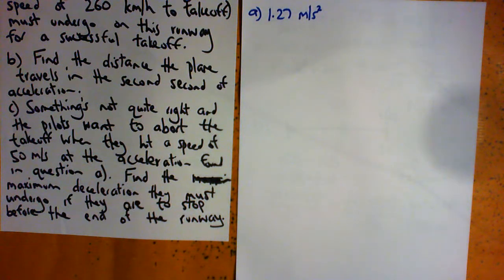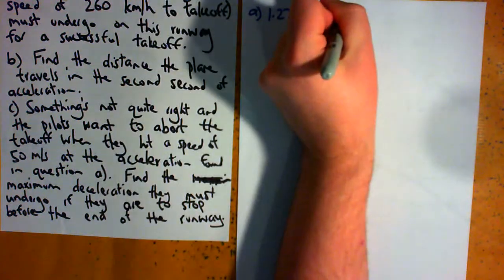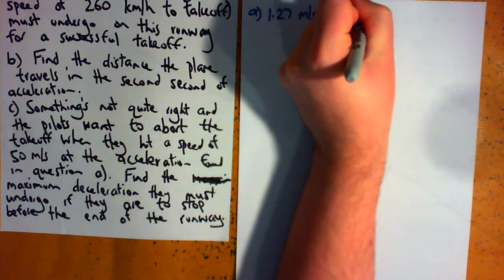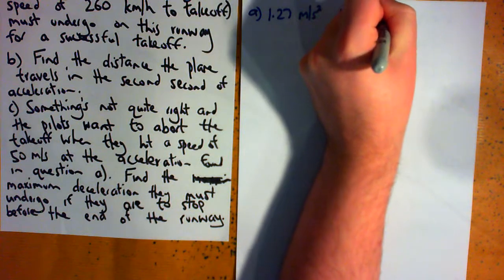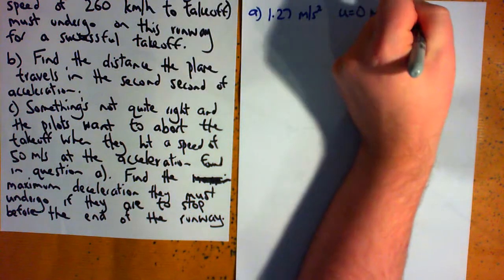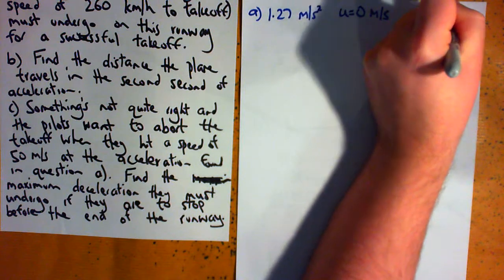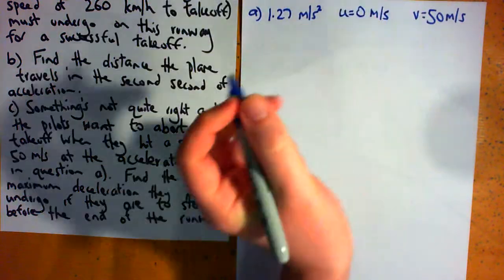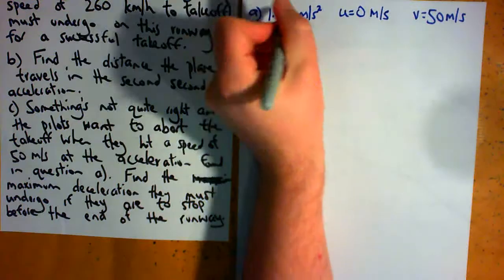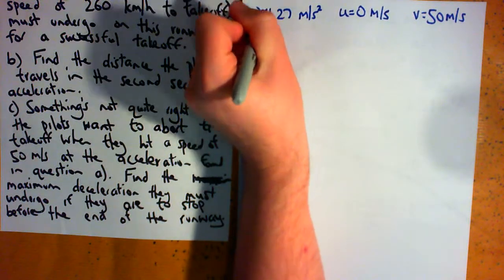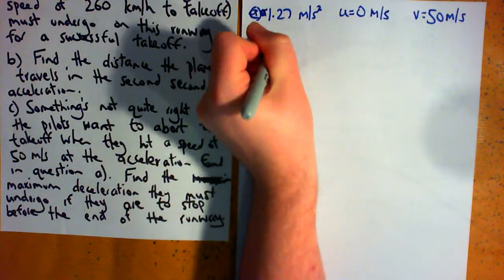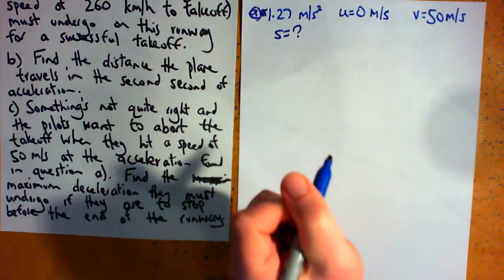So let's look at accelerating up to 50 metres per second first. It's going to start from rest, so the initial velocity must be 0, and we need to find the displacement, so we need to find s here.